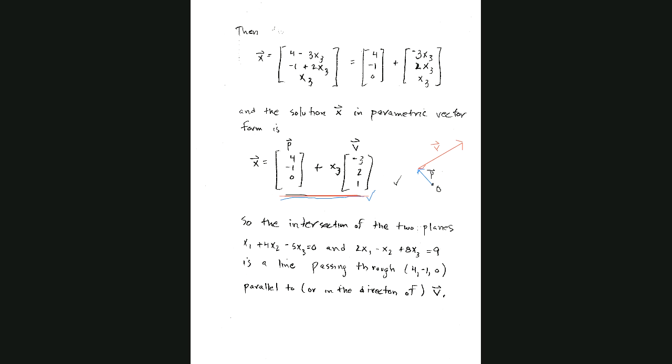So what I've done is I've drawn a vector P here. Here it is, vector P, from the origin. And then I've drawn a vector V, tip to tail from P. And what I want to ask you is this.